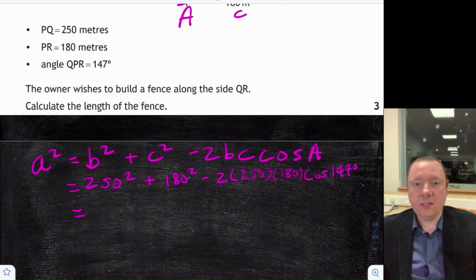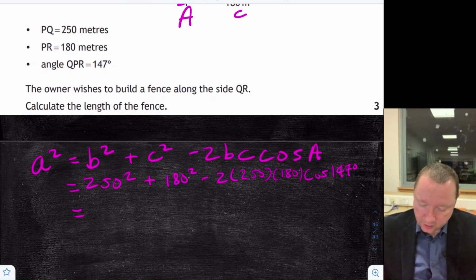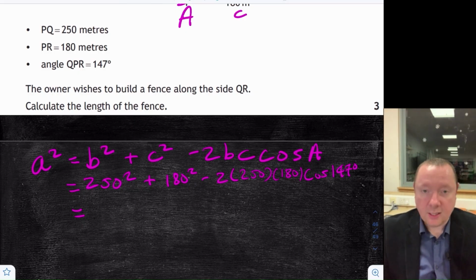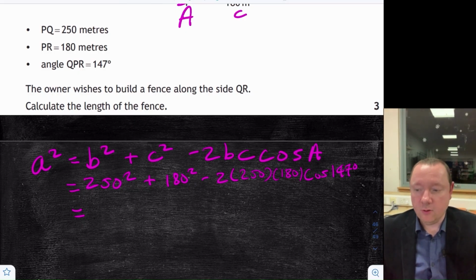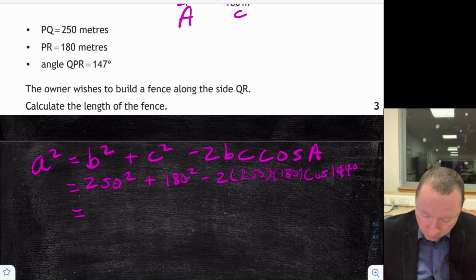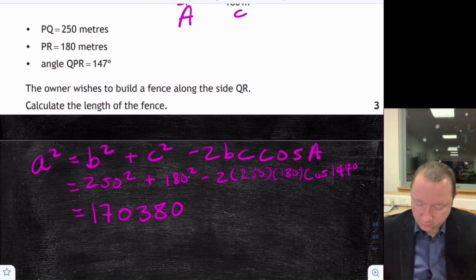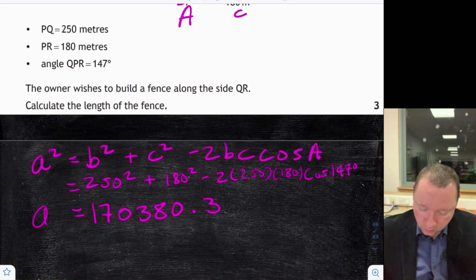Remember, we could do that in one step in a calculator. Put brackets around this, minus brackets around the whole of this, and you will be fine to go. And if you do that, or you take your time on it, you get 170,380.3. And that's A squared, remember though.